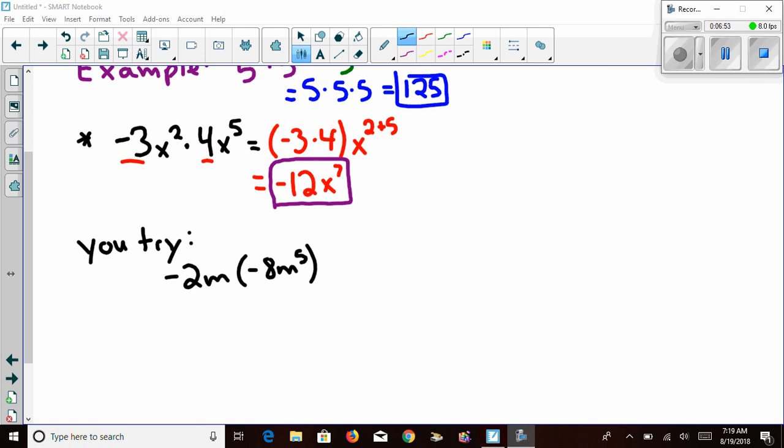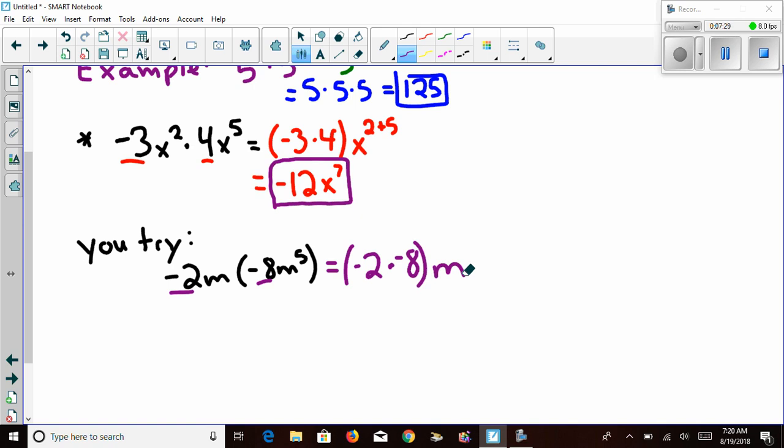All right, so let's take a look at it. First, we're multiplying, and in the front of each of these pieces, I have a coefficient. So I'm going to go ahead and start by multiplying the coefficients together. And now I'm going to look at the like bases of the m. Since I'm multiplying, I'm going to look at the exponents and add them.